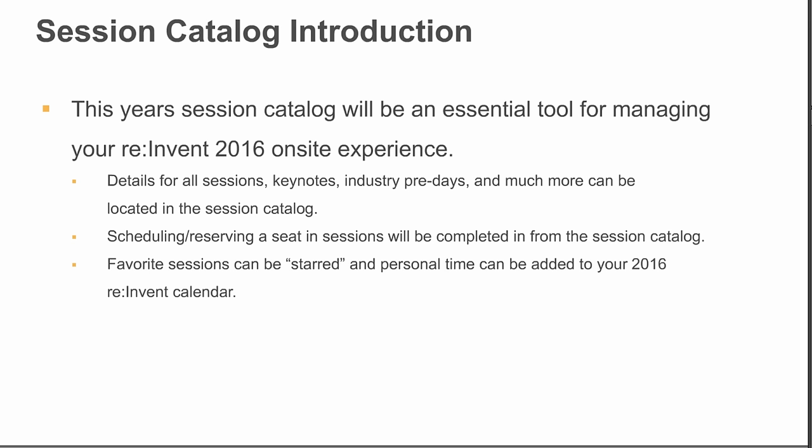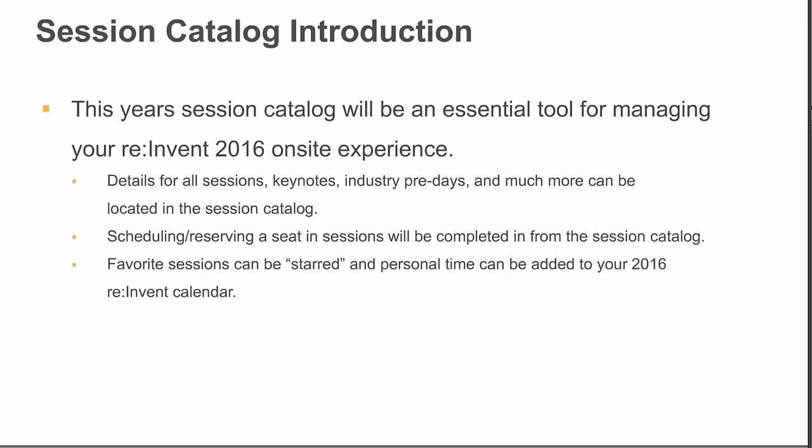Scheduling and reserving seats in a session will be completed from the session catalog. We're going to go through a demo here shortly, but we're asking everyone to visit the session catalog, explore the content, and build a calendar for every day while you're in Vegas via the session catalog.